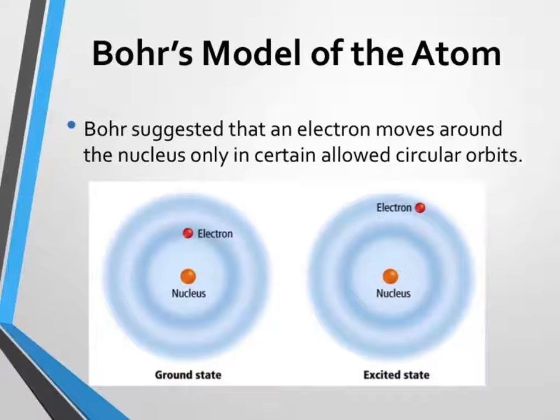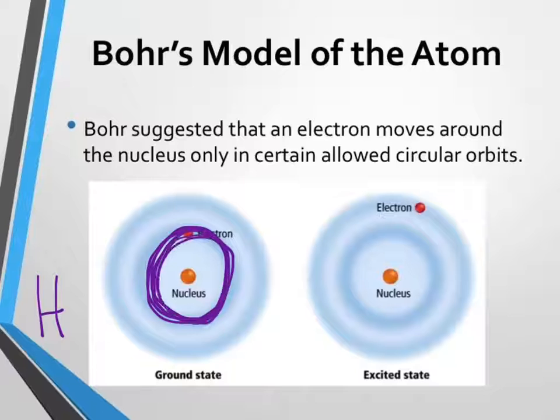So this is hydrogen, what he studied here. Hydrogen has the nucleus, which only has a proton in there, and we have an electron circling around the nucleus. We call that circling an orbit. It's like the planets.